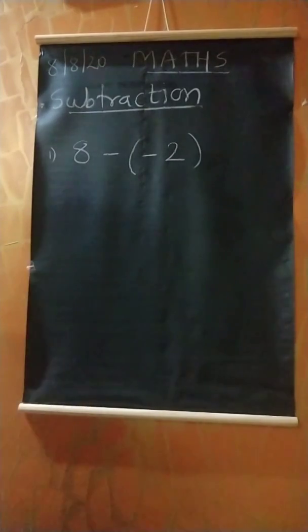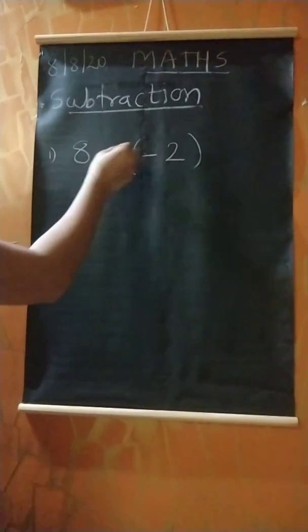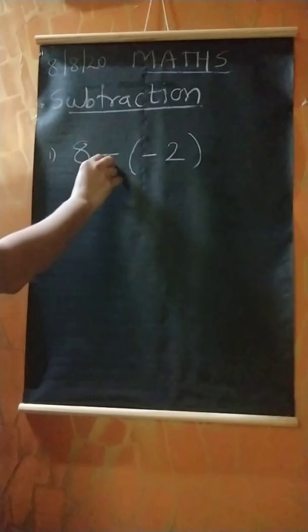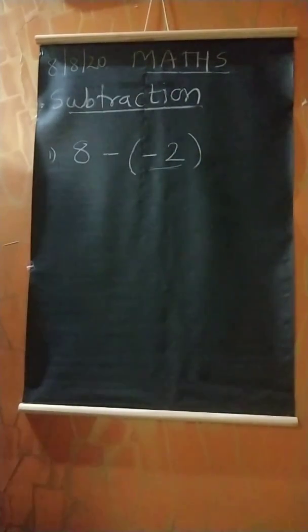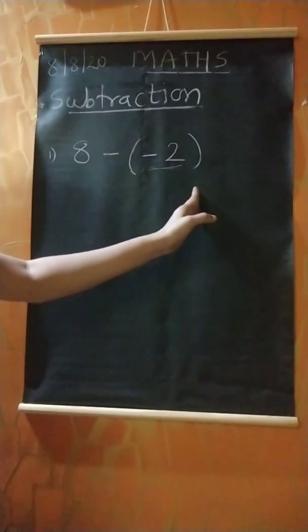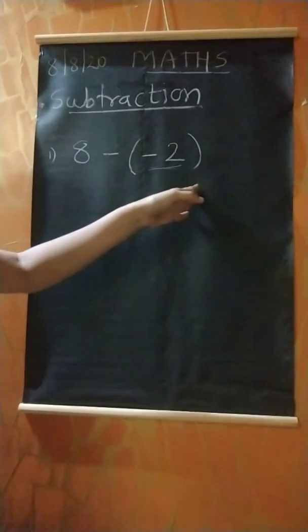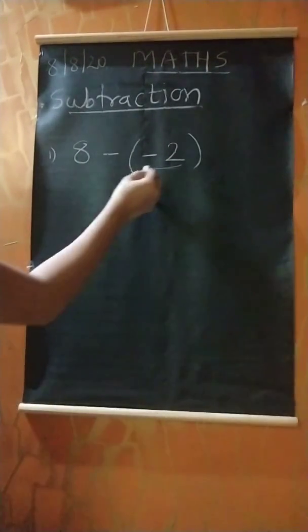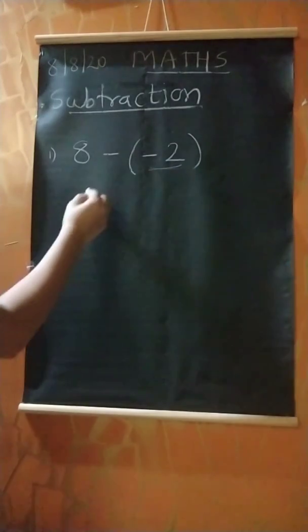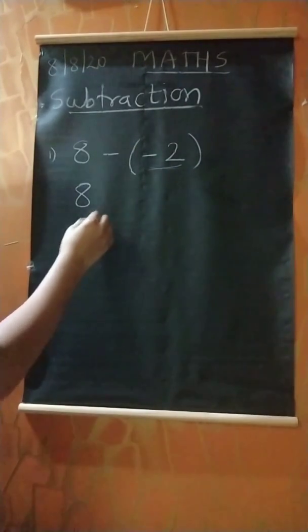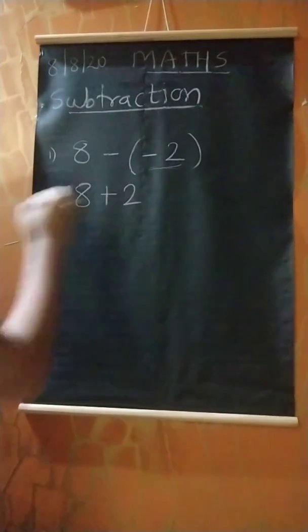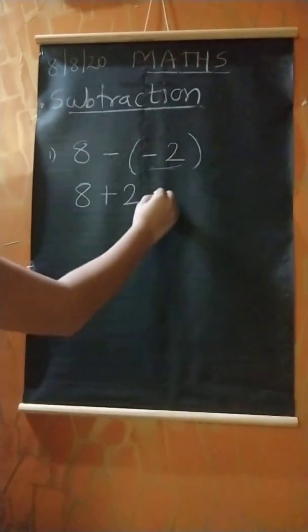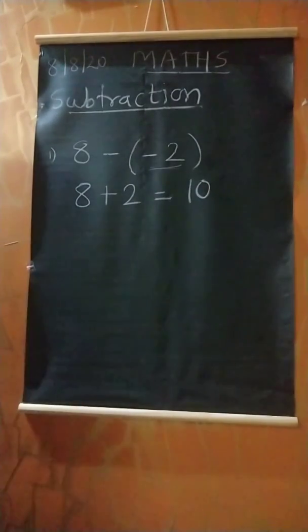But in subtraction, if the minus sign is there, then the sign of the next number is changed. Like this, plus 2 becomes minus 2, so the sum will be 8 plus 2 and the answer will be 10.